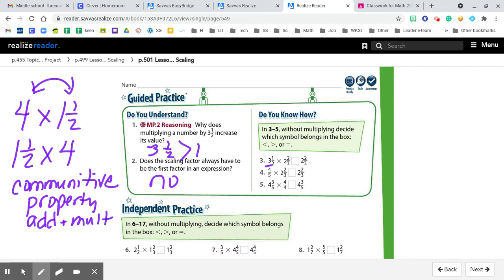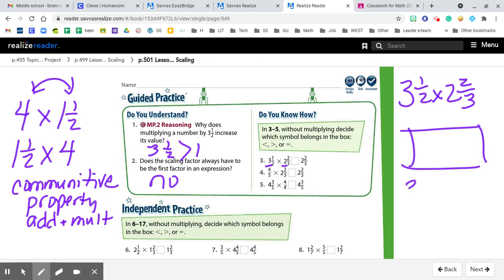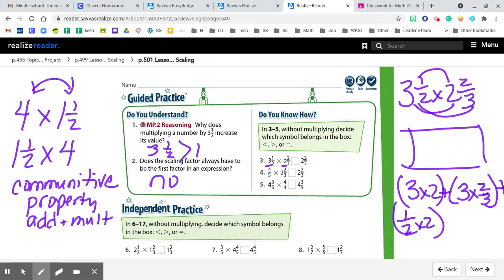So we know 3 times 2, the whole number 3 times the whole number 2, if I was going to use the distributive property to solve this, you can say 3 times 2 plus 3 times 2/3 plus 1/2 times 2 plus 1/2 times 2/3, and so on.